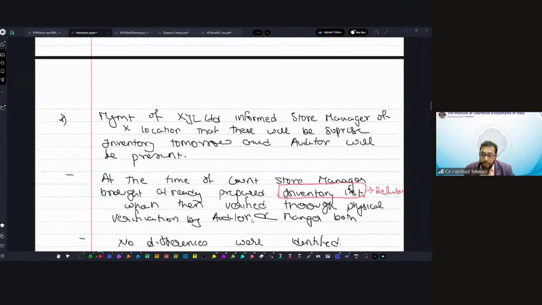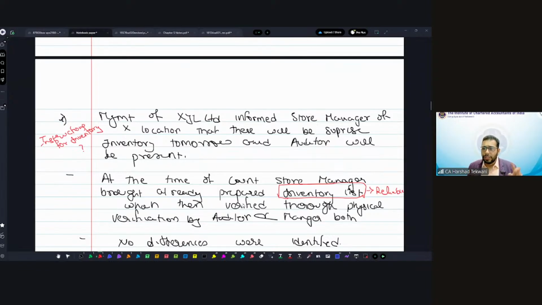Very good. Absolutely correct. So the second important thing is: management informed the store manager of X location there will be a surprise inventory count. That's it. Where are the instructions for the inventory count? How does the store manager know that he needs to perform the inventory count in this way?